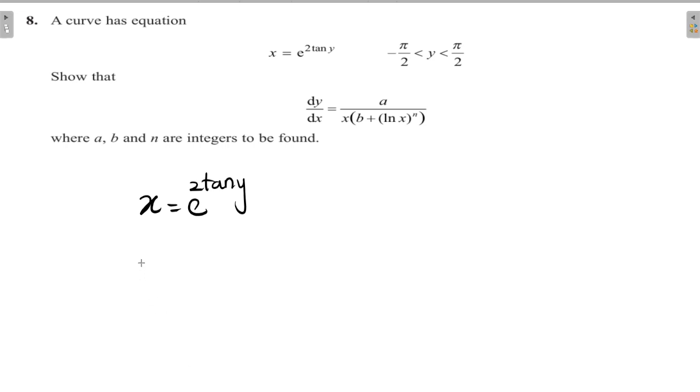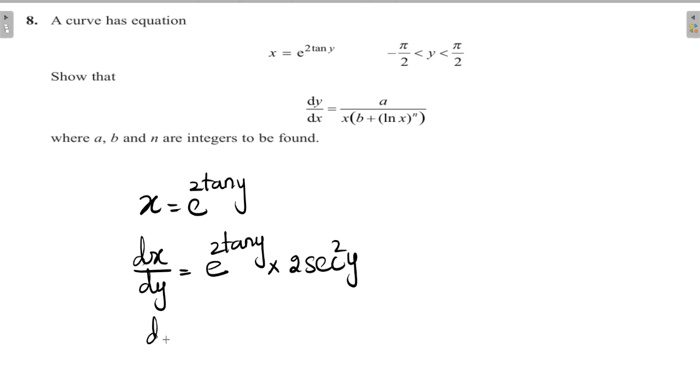So dx by dy is equal to, what is the differentiation of e power anything, e power x is the same e power x. So e power 2 tan y. Now we have to differentiate this term 2 tan y. So differentiation of 2 tan y is 2 times secant square y.